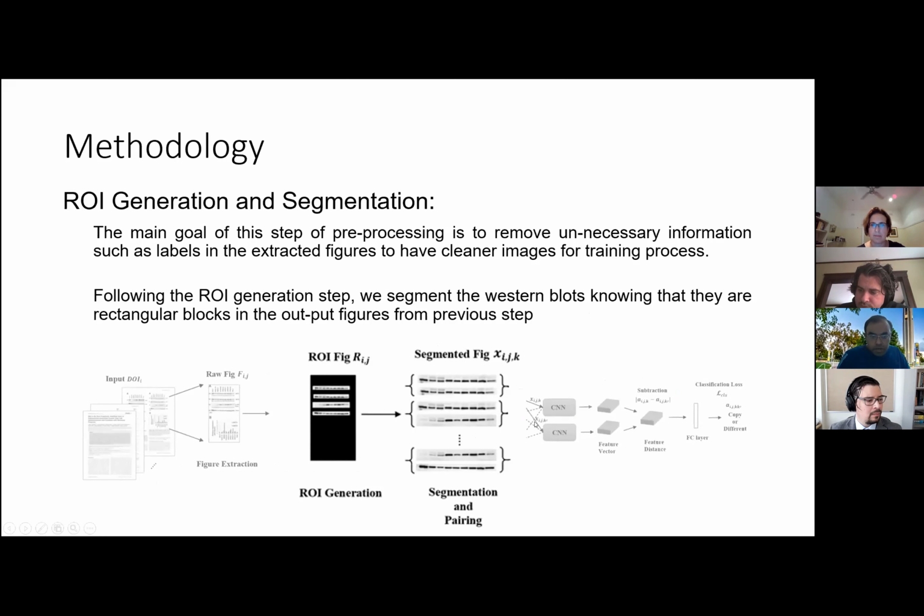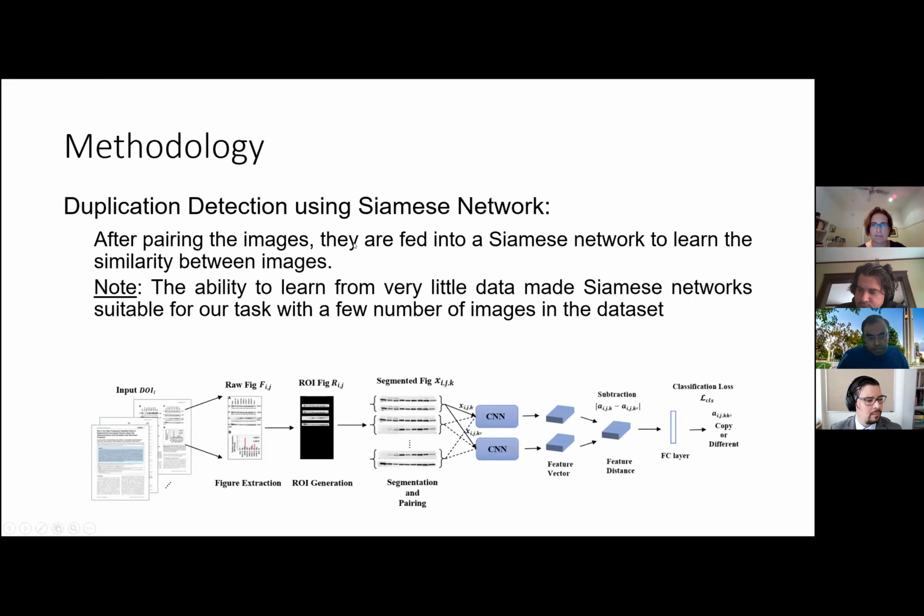And the particular learning system that we used was a Siamese network. The reason we did this was twofold. One is, you are training on pairs of images, and the Siamese network is ideally suited to this kind of scenario. You give two images, they're either a duplicate of each other, or there is some duplication in them, or they're not.